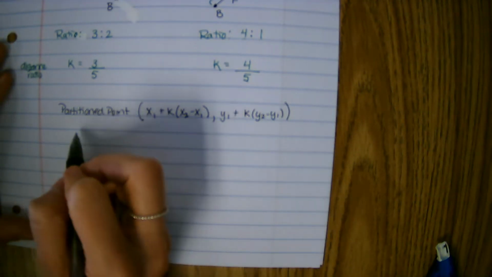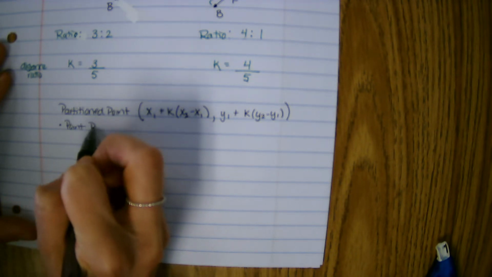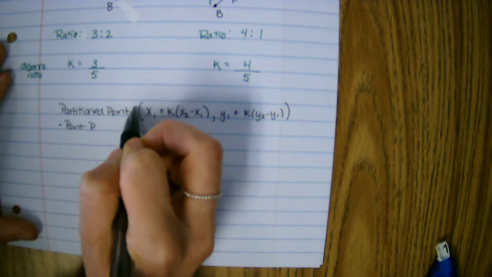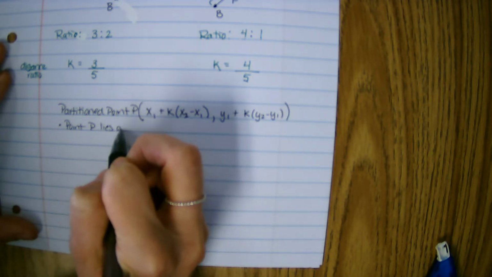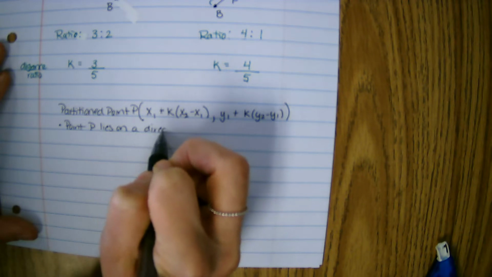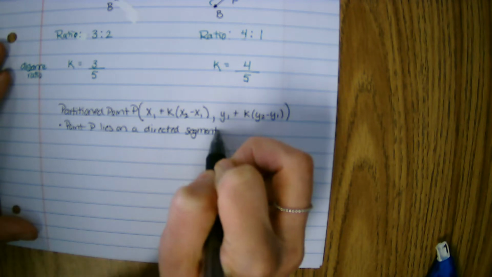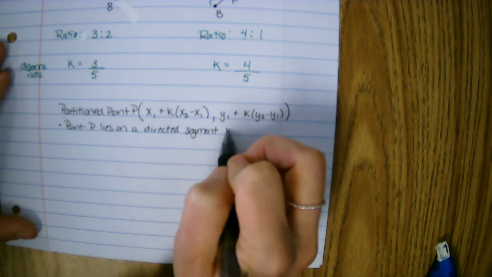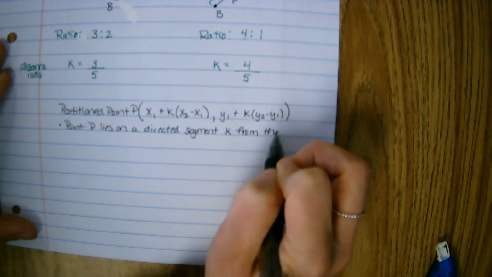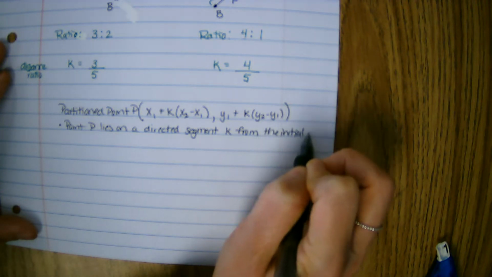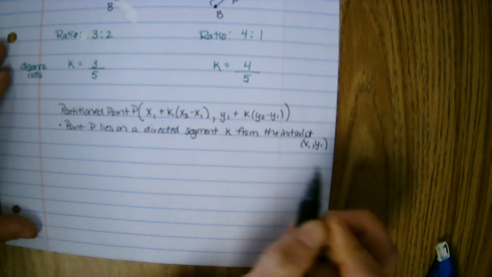So a couple things about this formula. Point P, which is a partition point, lies on a directed segment K amount from the initial point, which is x sub 1, y sub 1.